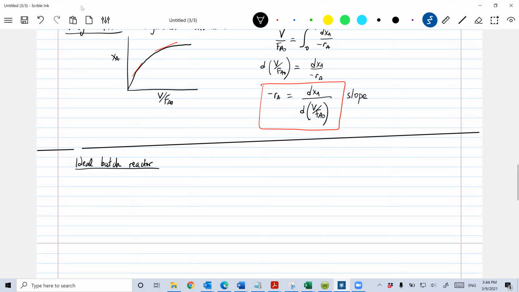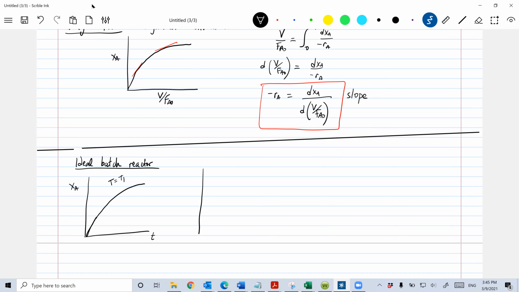In an ideal batch reactor, you'd have conversion varying with time. So let's say over time conversion is going to go up like this, right? This is like a power law based conversion. It could be different, but this is just a power law base. And this is at a temperature of T1, a constant temperature.